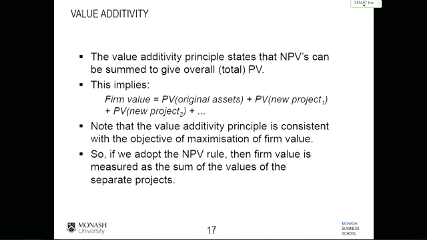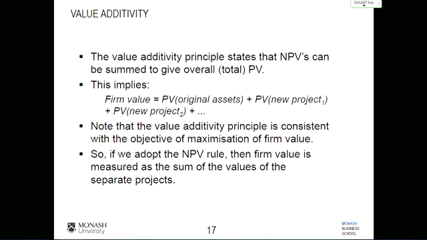So now, why do we use NPV as our main criteria? NPV is a dollar value measure, right? And if you think about the value additivity, it means that the firm value will be the sum of the value of all of the projects that the firm is making.